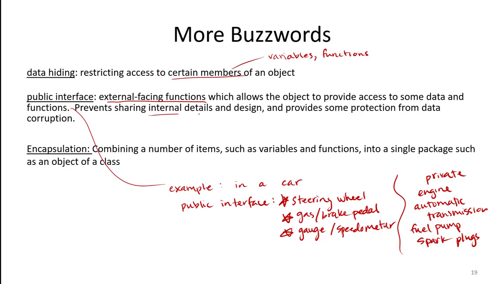It helps us protect the internal details about our design, but it allows access to certain data and functions that the user needs. So in a car, we can still use our steering wheel, our brake pedal, gas pedal, but the user is prevented from messing with the engine and the fuel pump because the user does not absolutely need to access those parts of the car.